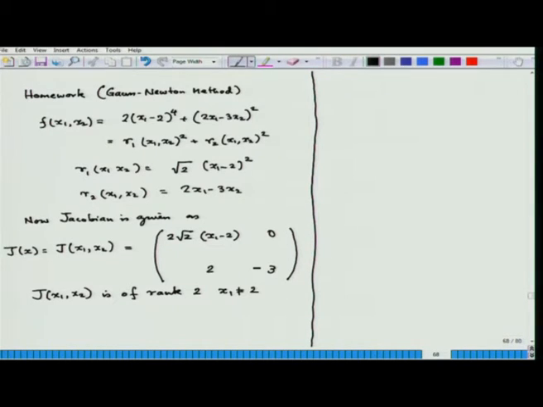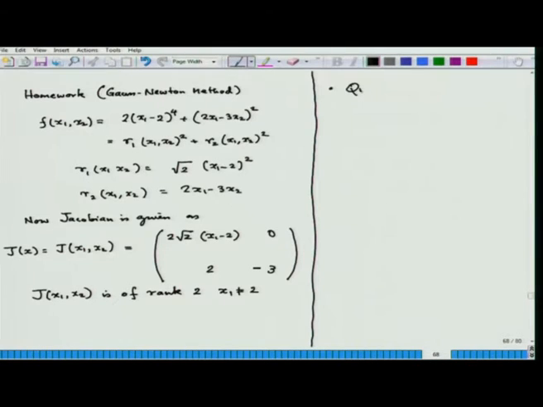In the case of solving unconstrained optimization problems, we have two important methods left, rather three important methods, but first we are just going to do two very popular ones. Number 1, the quasi-Newton method, number 2, the trust region method.